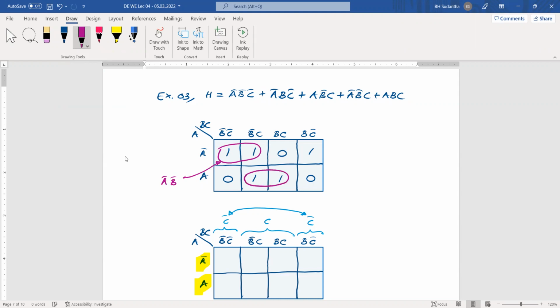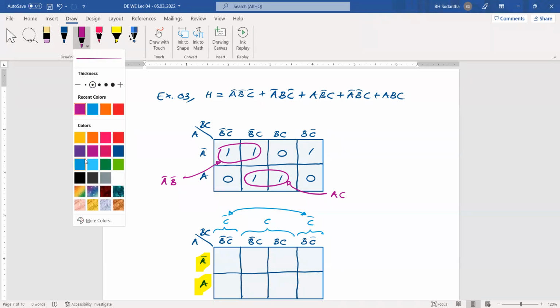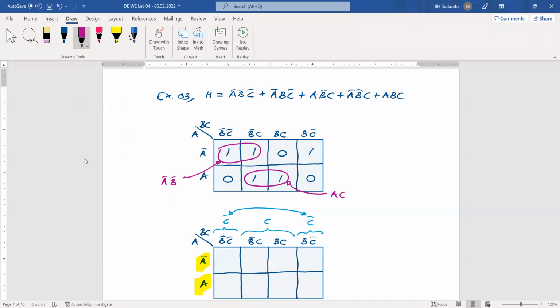And this one also. What is this? This is A, C. What about this one? Then we have to take it alone. Now we have another way.